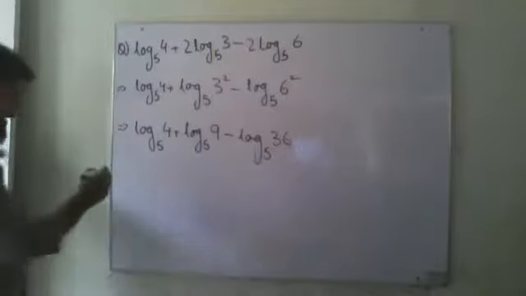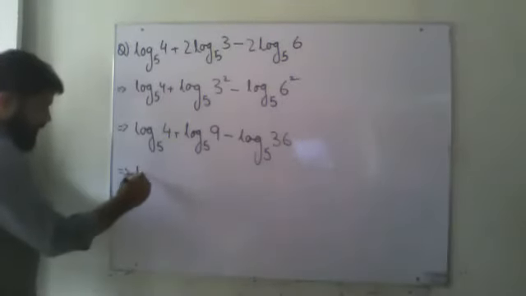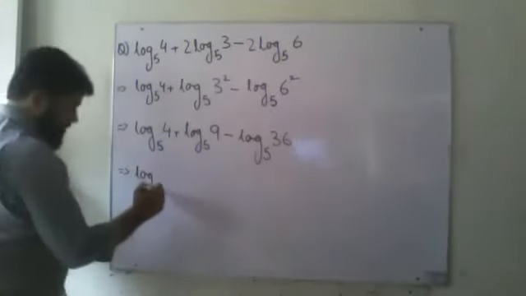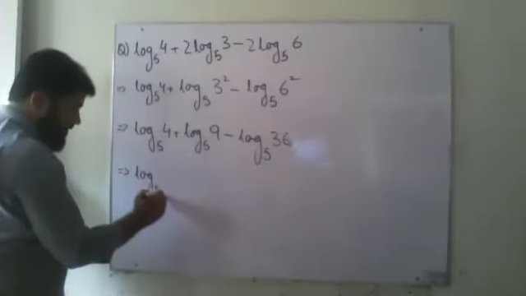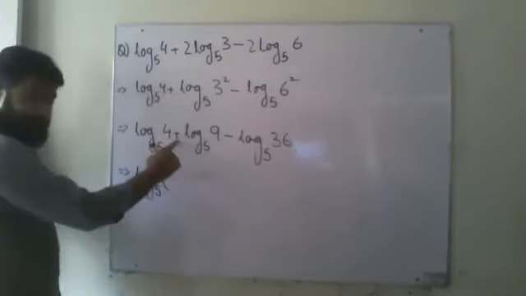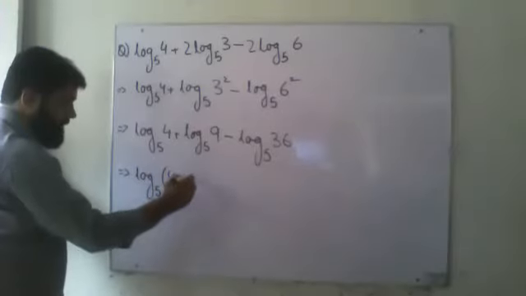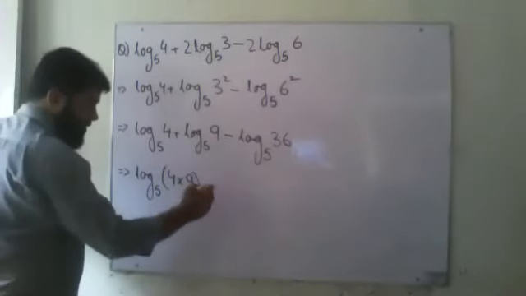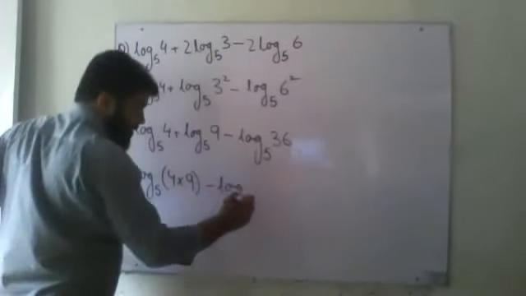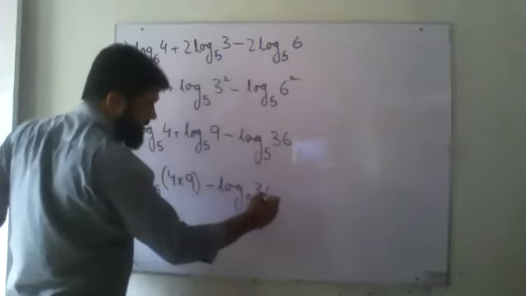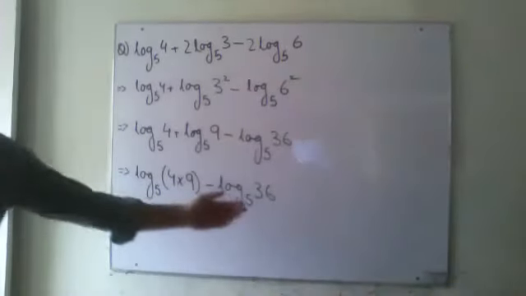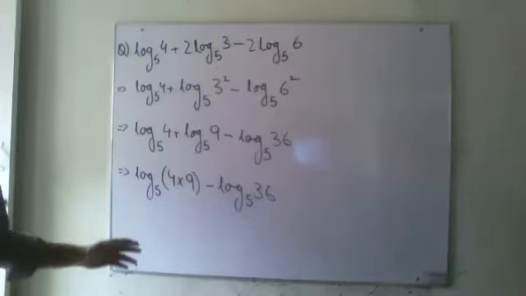So you will write log base 5, there is a plus sign, 4 multiplied by 9, minus log base 5 36.